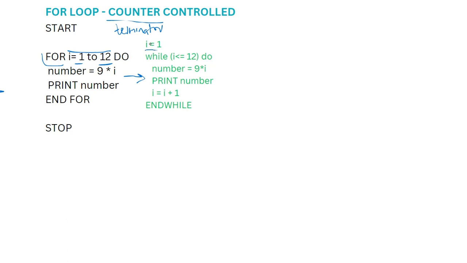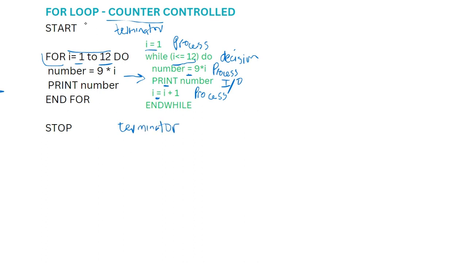I equal 1, that would be a process. While I is less than or equal to 12, that's a condition, so it's a decision. Number equal to 9 times I, that's a process. Print, that's an input output. This is a process, that counter, where we're incrementing, and then we end. And the stop is a terminator.